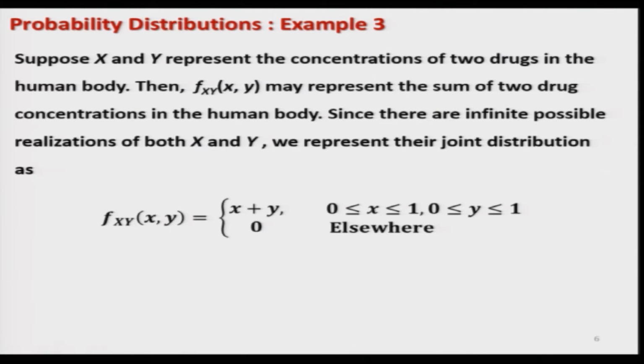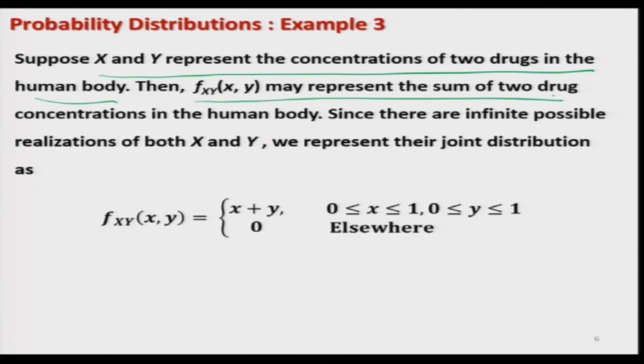Now, I come to the third example, where there are two random variables x and y. They are trying to represent the concentration of two drugs in the human body, and this f(x,y) is supposed to represent the sum of the two drug concentrations in the human body.